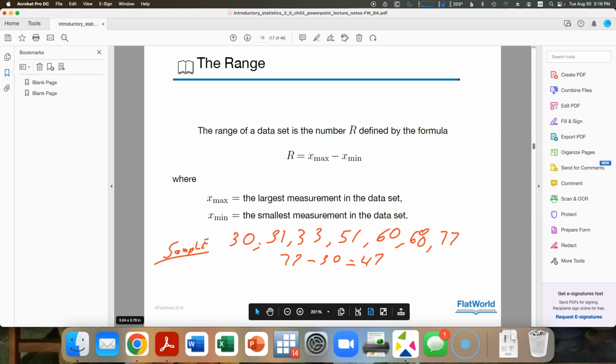The maximum is 77, the minimum is 30, and our range is the difference between those two. Gives us a good idea, based on the size of that range, how much variability we have.